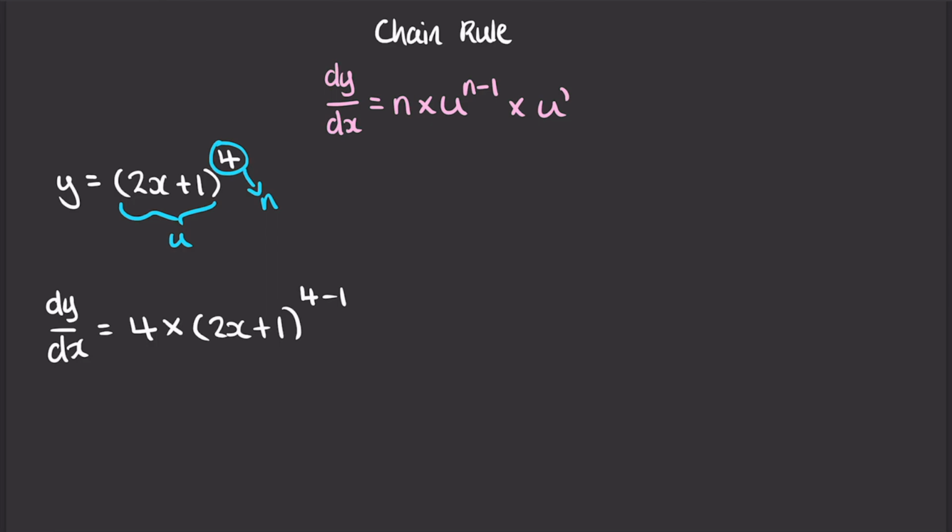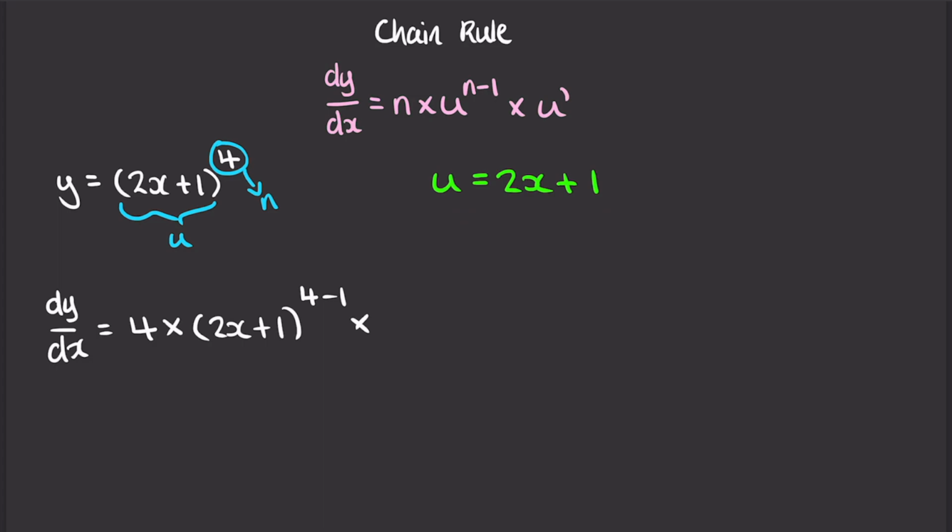And then multiplied, this is the differentiating bit, if you haven't noticed, of just u. So u here, I'll do it in a different color, u equals 2x plus 1. So this function looks pretty normal. We can just differentiate it normally.